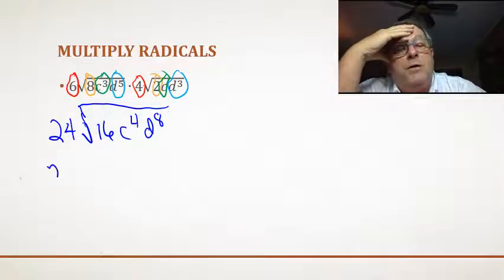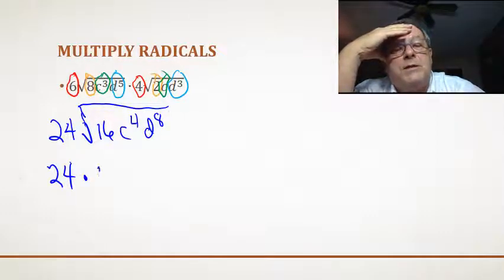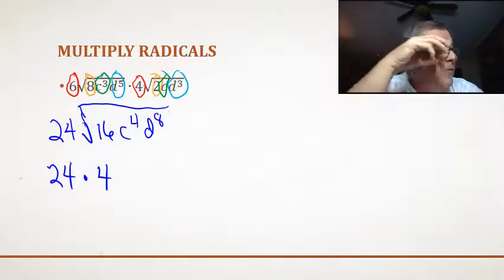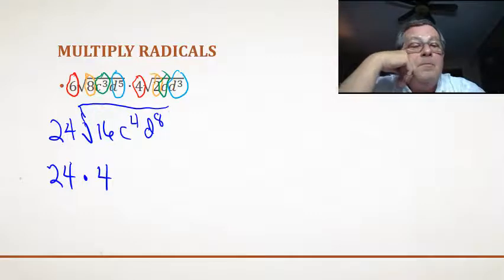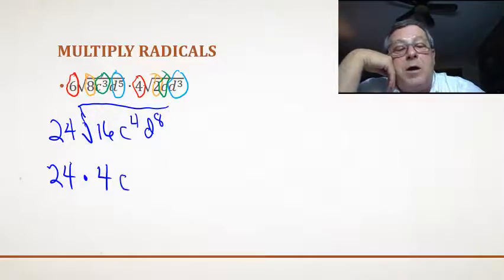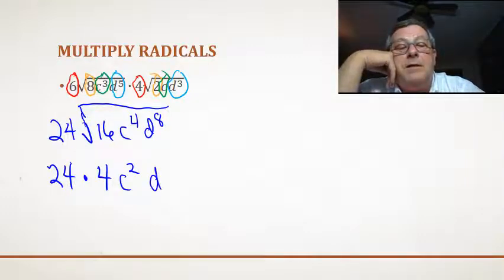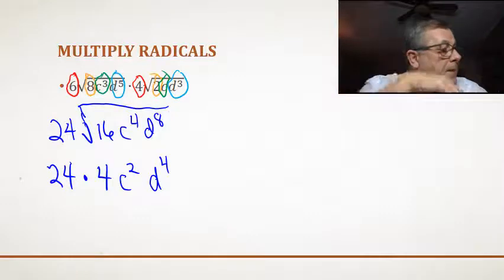All right, so then I got 24. Now I'm looking, can I take the square root of 16? Well, yes, the square root of 16 is 4. 4 times 4 is 16. And c to the 4th, square root of that is c squared. And d to the 8th, well, the square root of d to the 8th is d to the 4th.